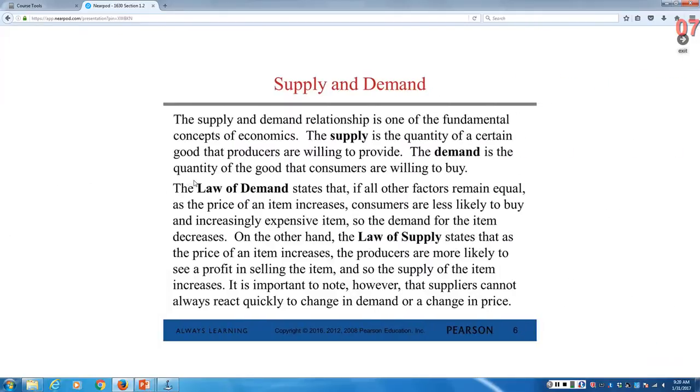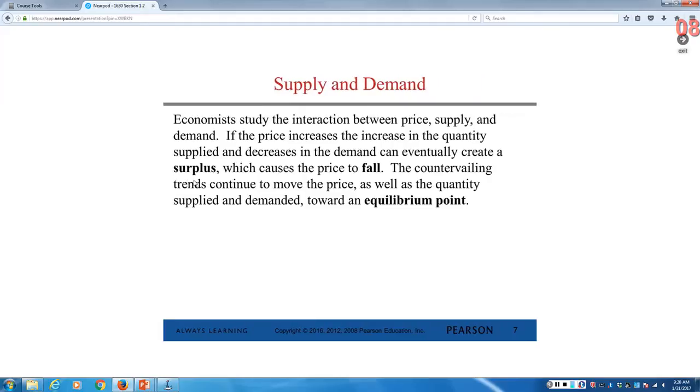So we also talked about supply and demand last time. We filled in some vocabulary about supply and demand. We talked about the law of demand and the law of supply. And we talked about equilibrium point, which is where supply and demand have the same quantity and the same price.